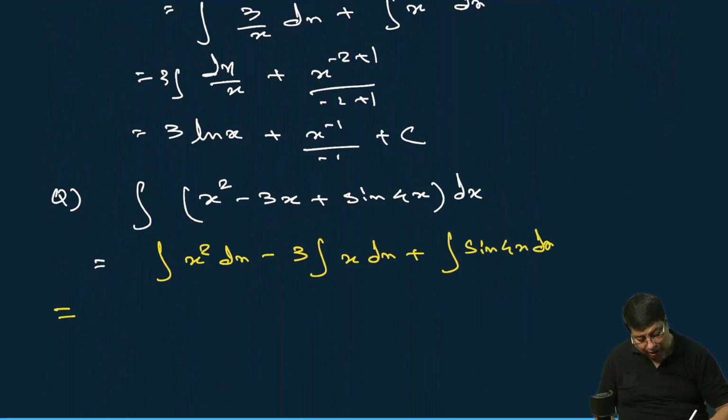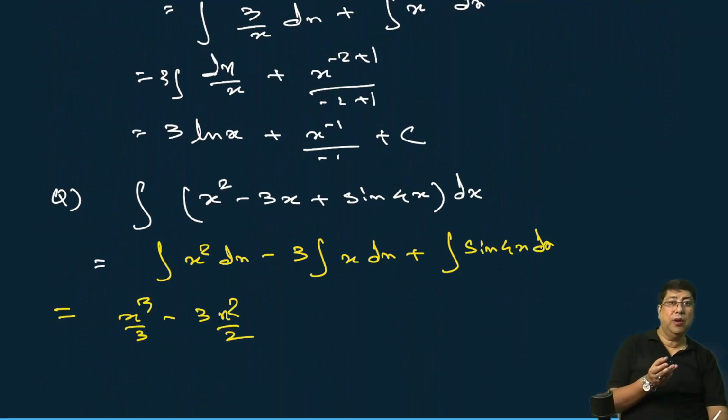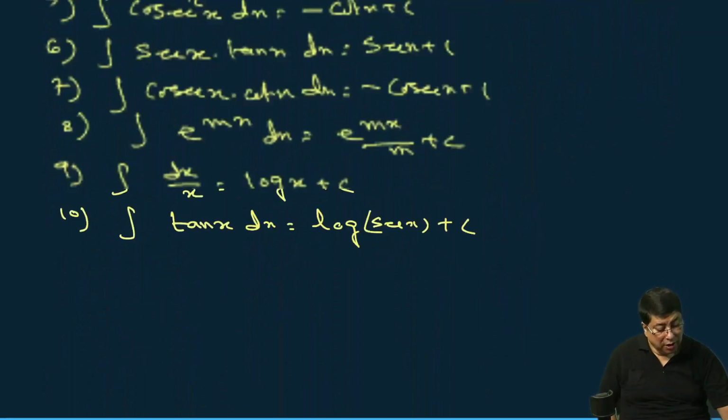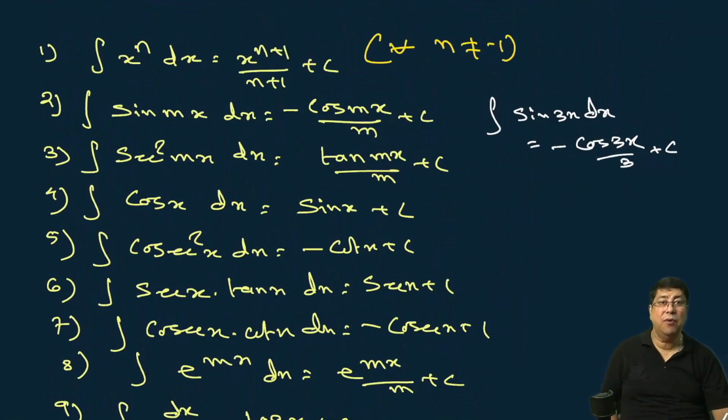So we can write here x cube by 3 minus 3x square by 2, x to the power 1 plus 1 by 1 plus 1, plus the integration of sine mx is minus cos mx by m. These formulas which you have done are called the fundamental formulas, the basic formulas.